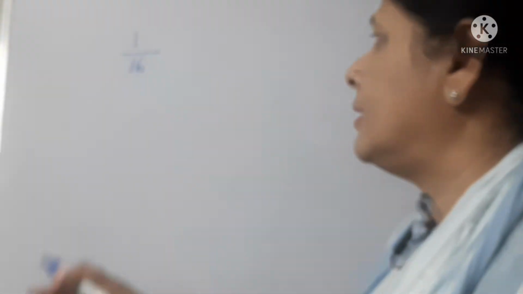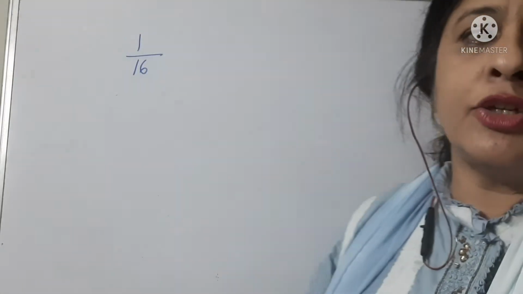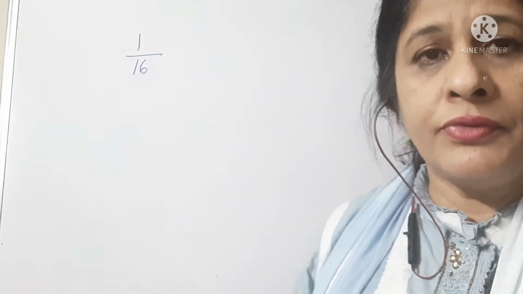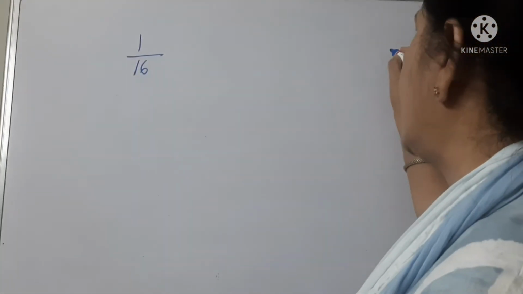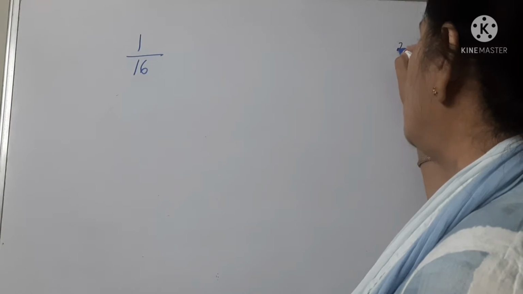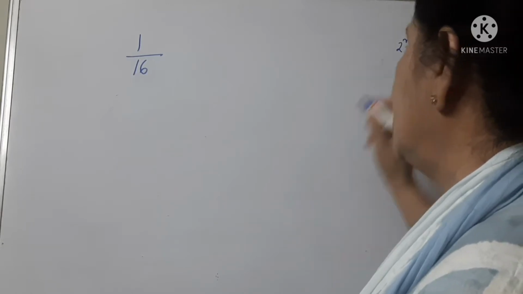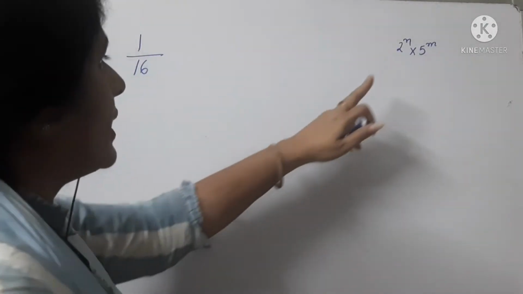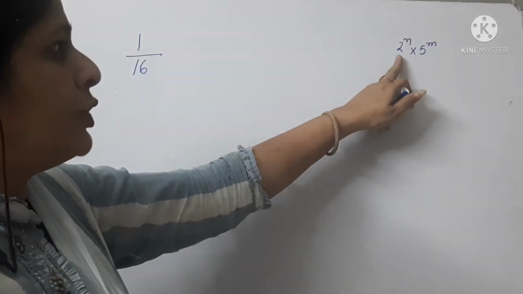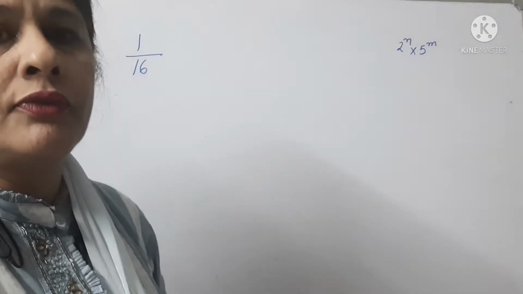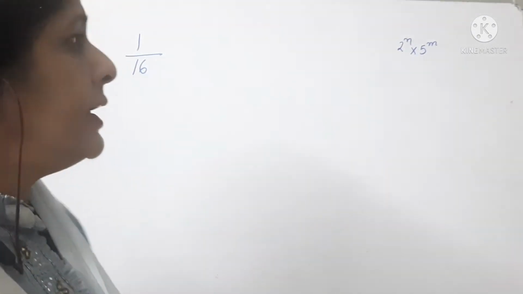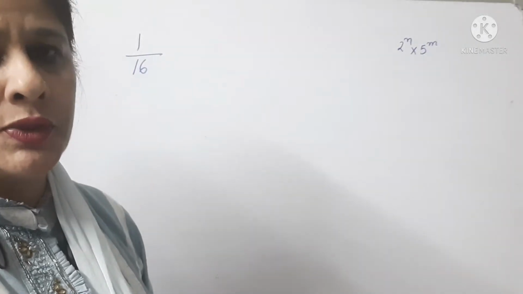So here we see 16 is given as the denominator. If the denominator we can write in the form of 2^n multiplied by 5^m, that means the given number is a terminating decimal expansion.